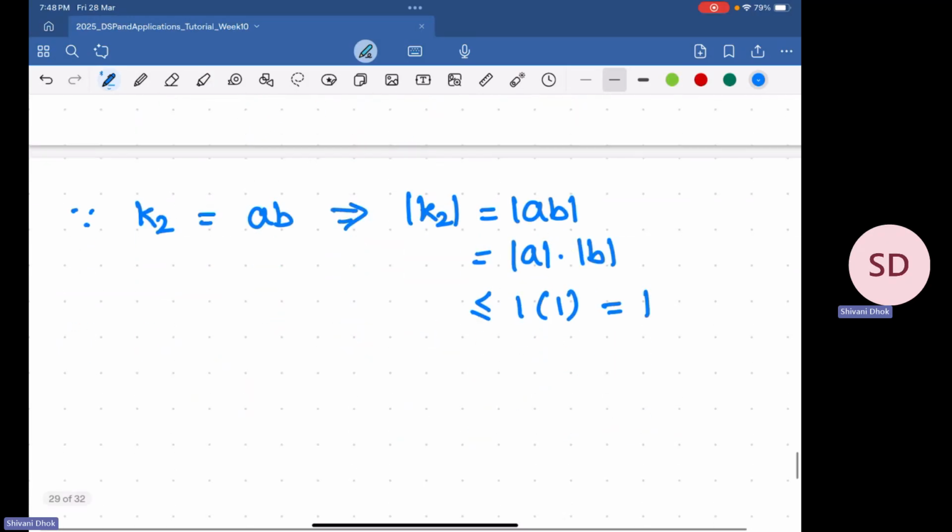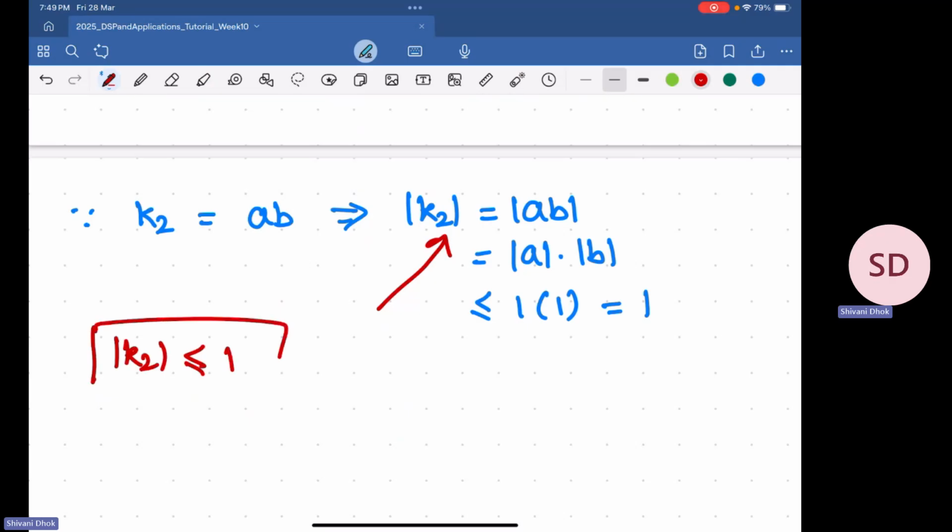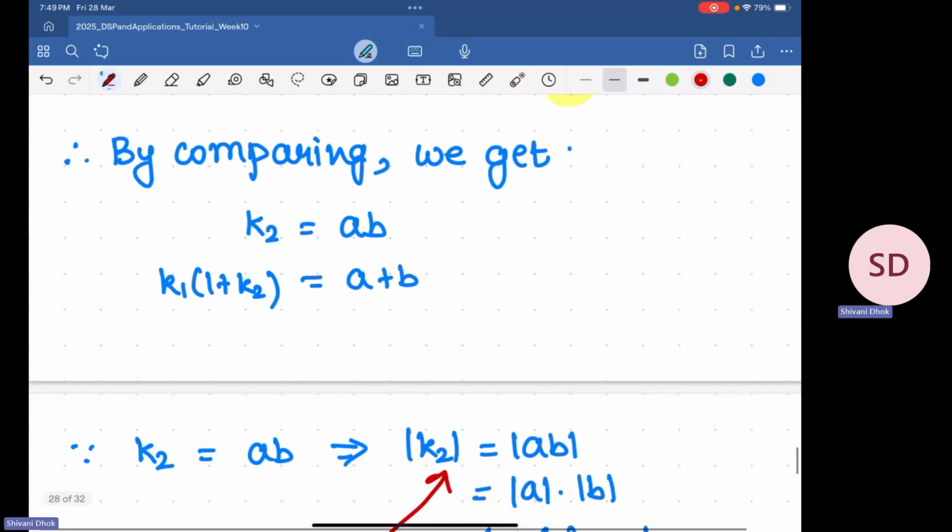So this is giving me that magnitude of k2 is less than or equal to 1. This is for sure. Now what we need to check is, we need to check for k1.